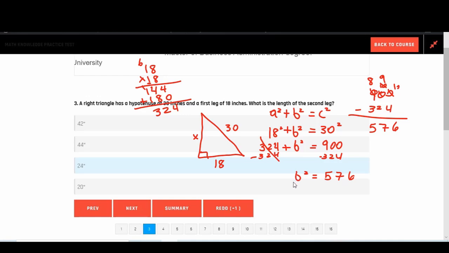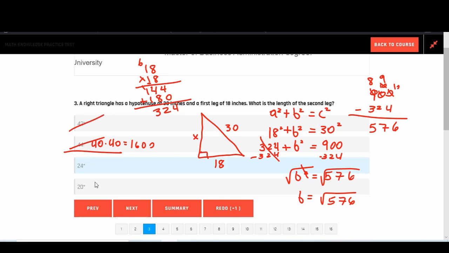So to find b, we're going to take the square root of both sides. In so doing, this crosses out. We're left with b equals the square root of 576. At this point, I'd look at my answer choices to figure this one out, because I know 40 times 40 is 1600, which is too big.